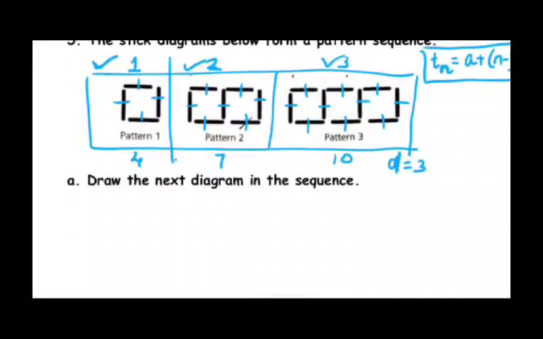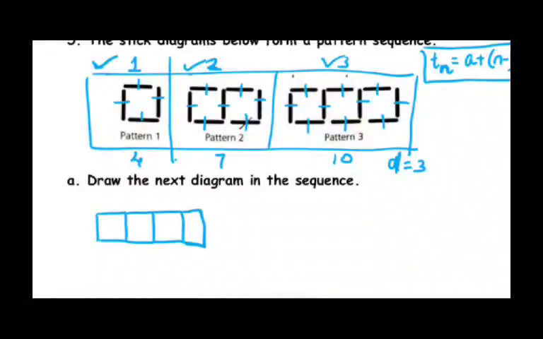Draw the next pattern in the sequence. So the next pattern will be position number 4. That means 4 squares, correct? So every time we add a square, 3 sticks are added. So 1 square, 2 squares, 3 squares and 4 squares. Is that correct?